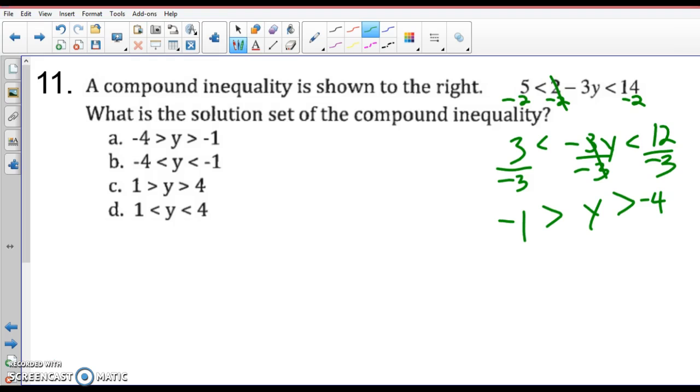So I'm going to transpose this entire thing. Negative 4, look, pointy side towards negative 4, y in the middle, pointy side towards y, negative 1. So my answer is B. When you are writing an "and" statement, always start with a smaller number and use less than. That's just the way to do it.